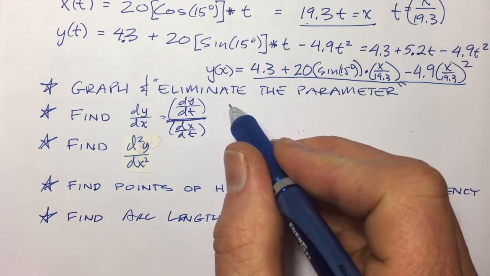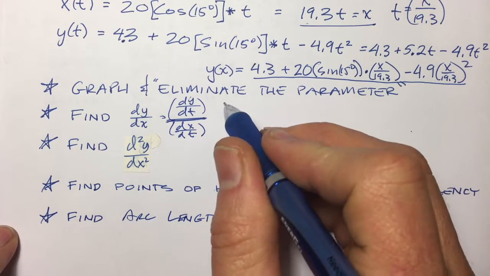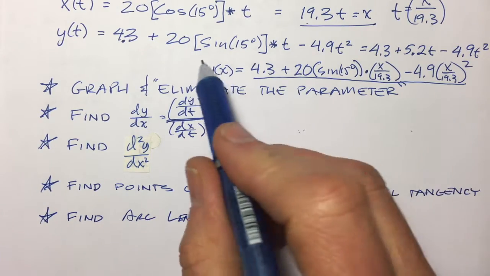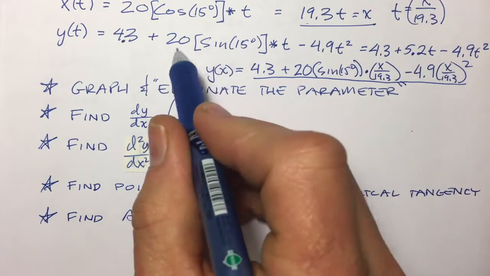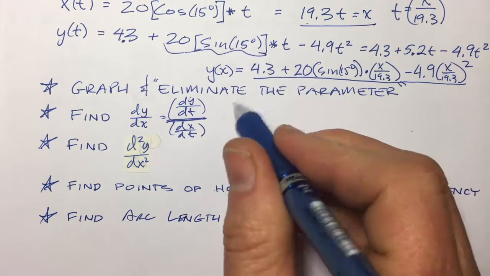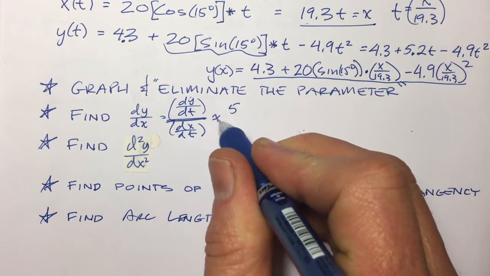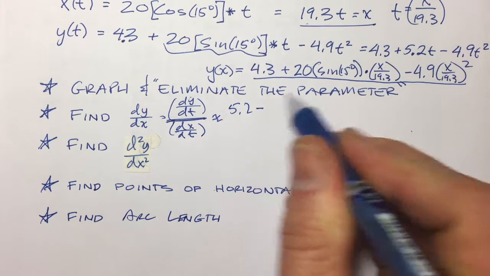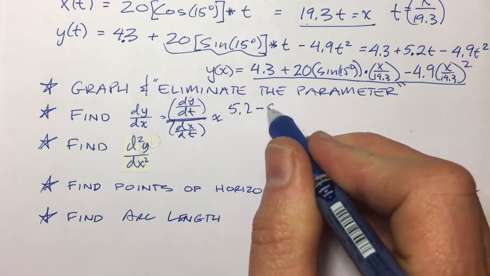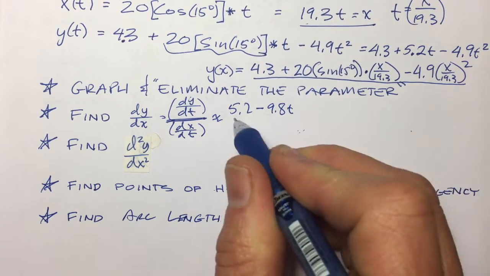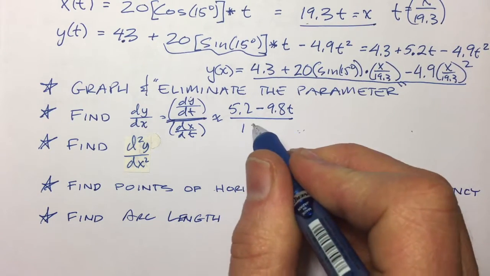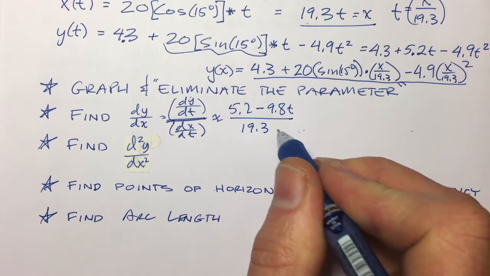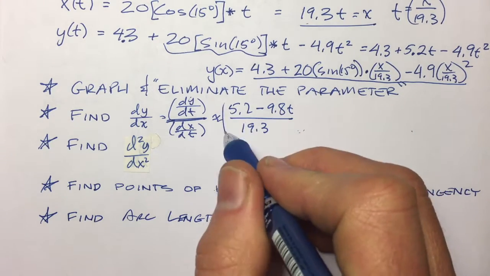So the derivative of y is going to be, in this case, the decimal here is approximately, I think, about 5.2 when I do this math right here. So it's going to be 5.2 minus 2 times 4.9, which is 9.8t, over then, well, the derivative of this is just 19.3. So that's the derivative.